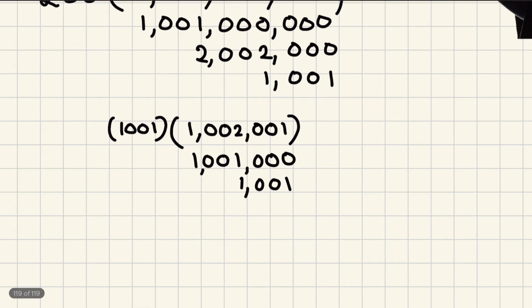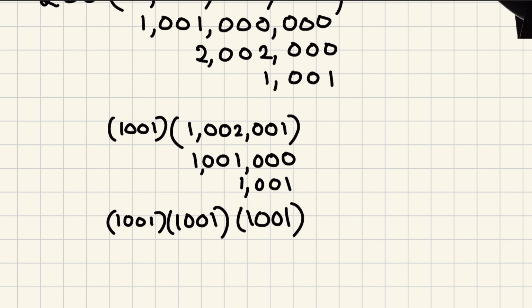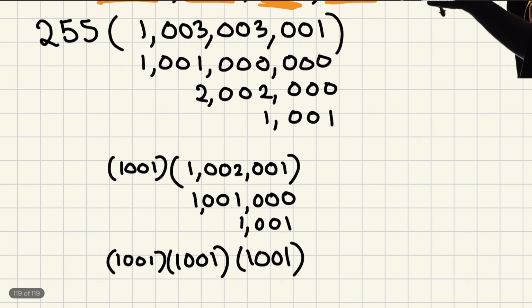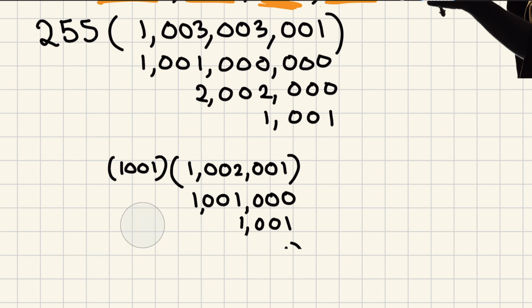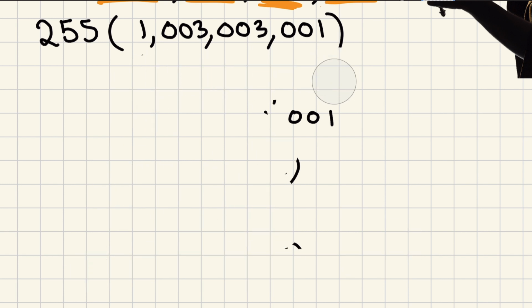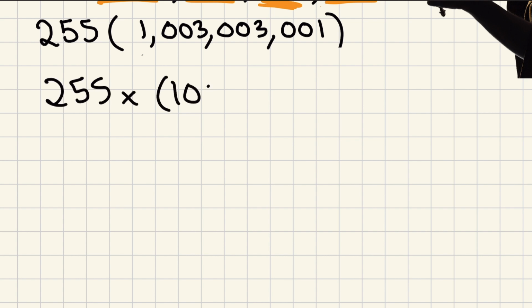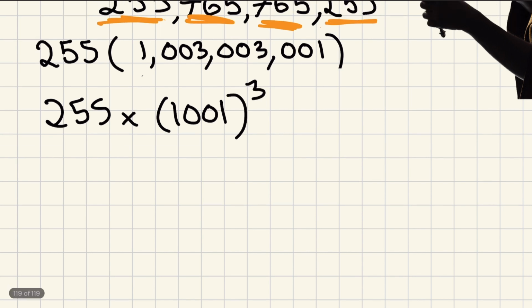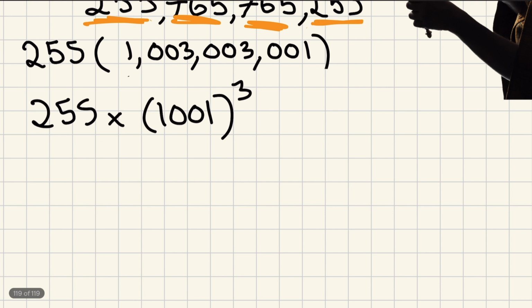So now we know that this whole thing is actually 1001 times 1001 times 1001. It's just 1001 cubed. Now that is a massive simplification. We're going to reuse all of that. Now let me just rub that out, and we're going to put this in. So we now know that this is 255 times 1001 cubed. This is fantastic. Now all the numbers are getting significantly smaller.